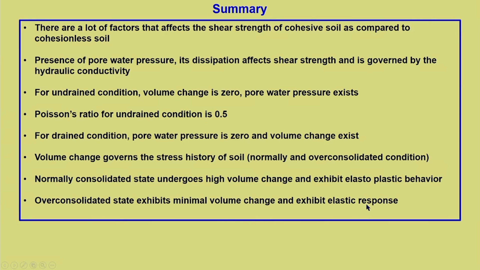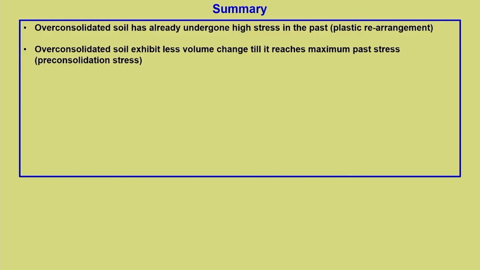So, that is why in certain construction, if we know that the soil is heavily over consolidated, then we do not have to bother too much about its settlement, because it will be mostly in elastic limit. The moment the load acting on that soil exceeds its pre-consolidation pressure, then the settlement will be more. Over consolidated soil has already undergone high stress in the past, which is plastic rearrangement.